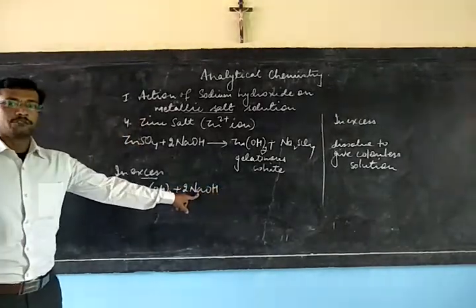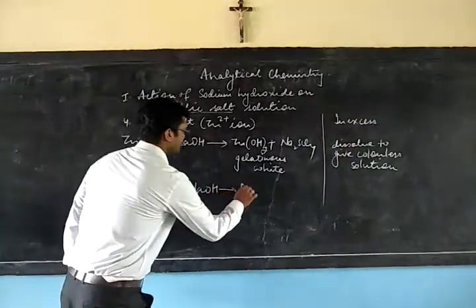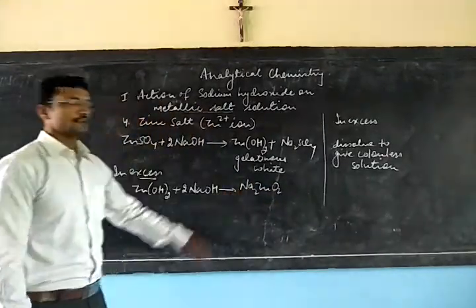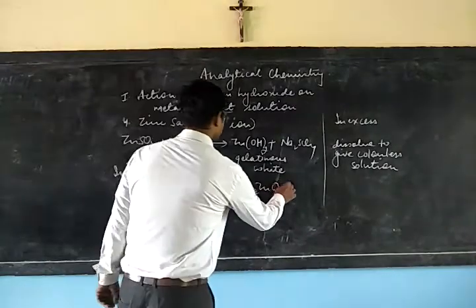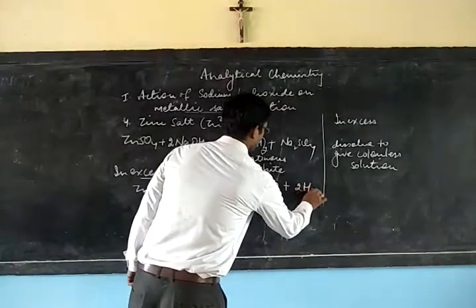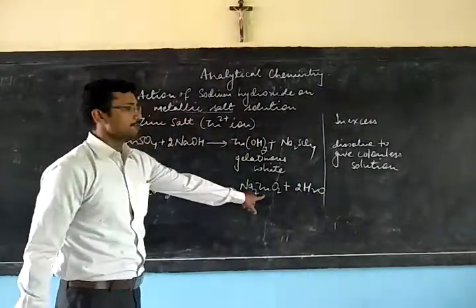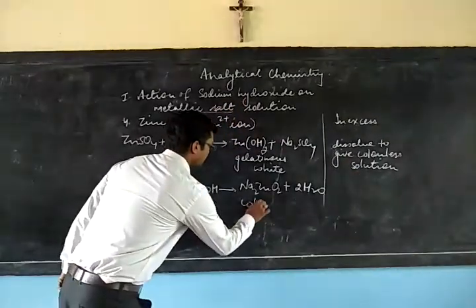Remember, this sodium hydroxide now is in excess amount. So we are going to get a product Na2ZnO2, which is called sodium zincate, plus H2O, water. And it is this product which is responsible for the colorless solution.